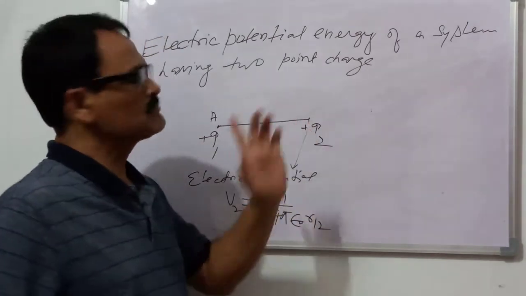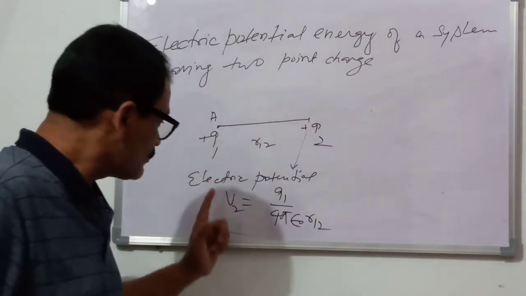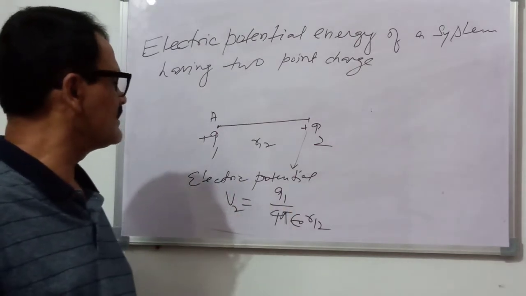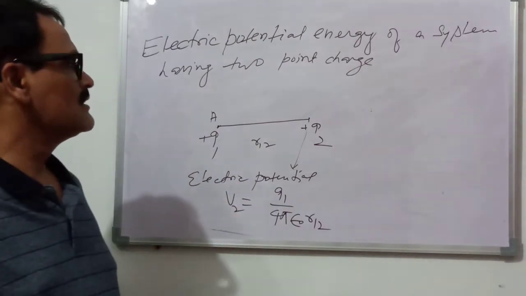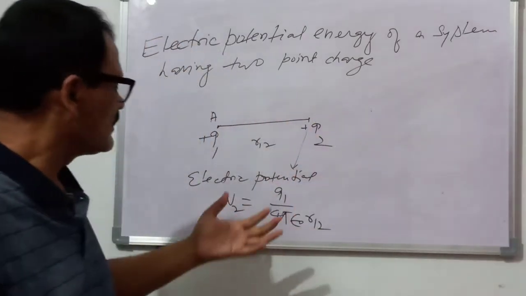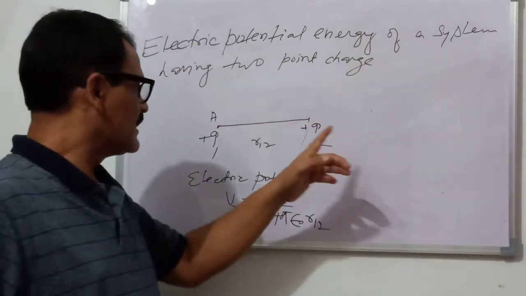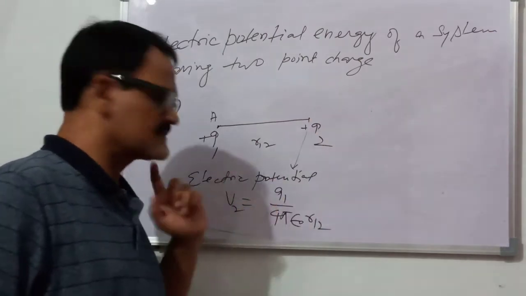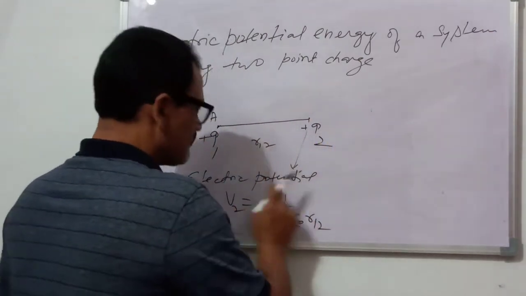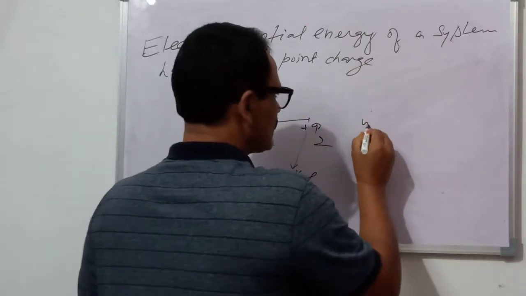This is the potential of this point, and according to the definition of electric potential, it is the work done in bringing a unit positive charge from infinity to this point. So the work done to bring the unit positive charge from infinity to this point is this. So for one unit charge this much work had to be done, then for the Q2 charge how much work will be required?